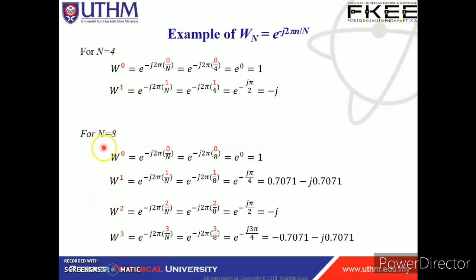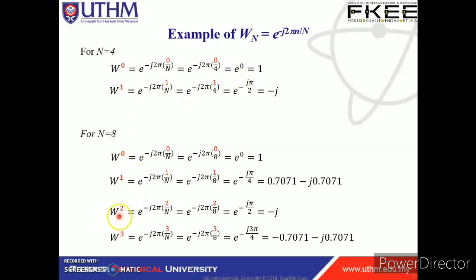Number of sample divided by 2, which is 4: W0, W1, W2 and W3. Again, you can see this by yourself. What is the meaning of W0? It means that at the numerator, the value in the bracket is 0, and then you can solve one by one.